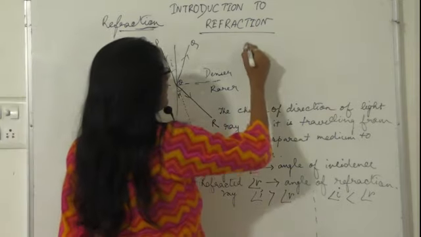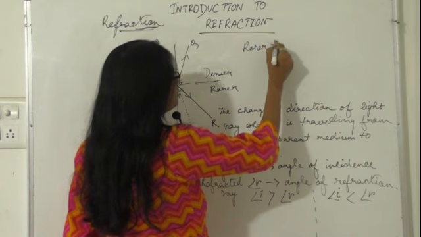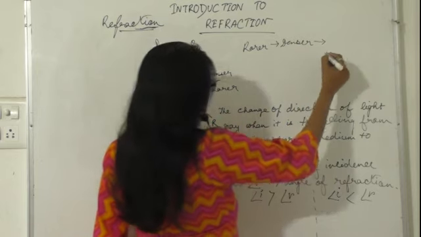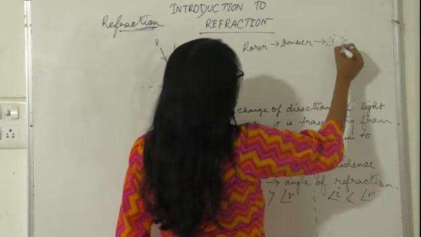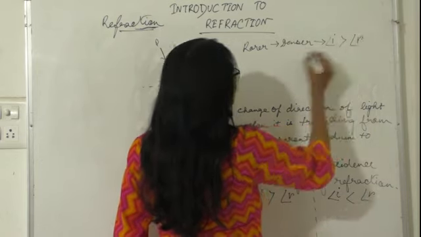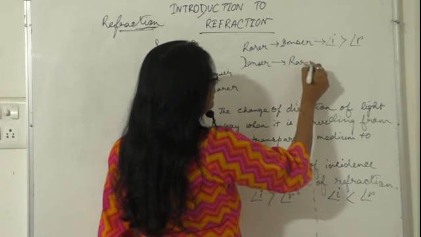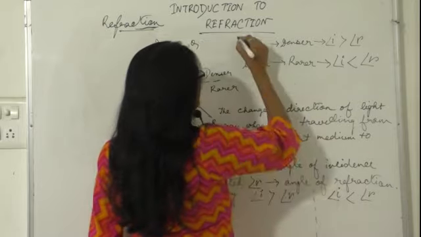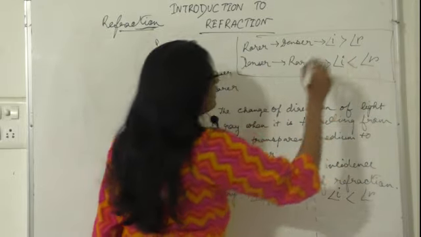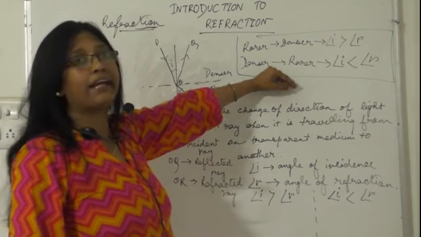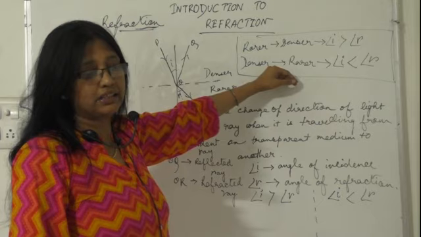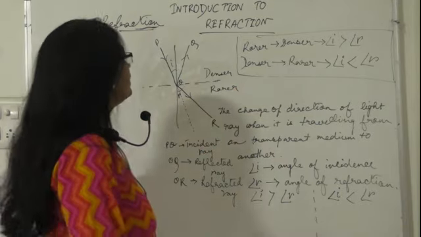Rarer to denser, angle I is greater than angle R, but denser to rarer, then what will happen? Angle I is less than angle R. This is the typicality of this phenomenon.